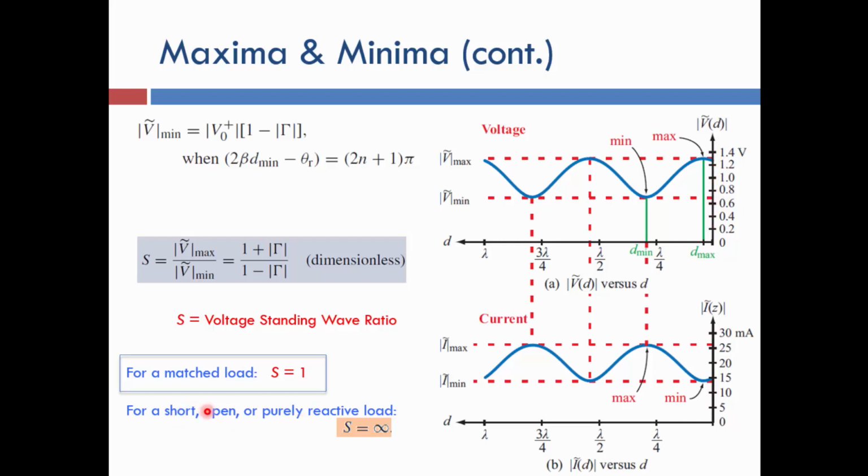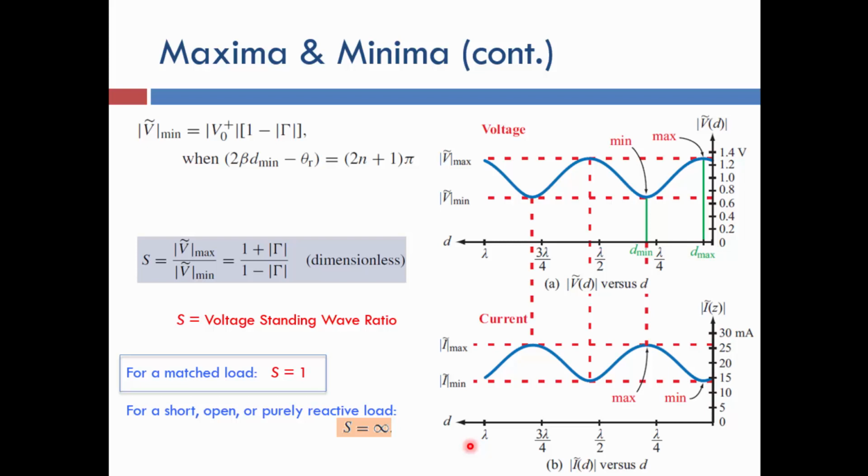So for short, open, or purely reactive load, S could be expected to be infinity or a very big number. That's it. So now we have two parameters that can be calculated or measured to tell us how much reflection occurred along a certain transmission line.